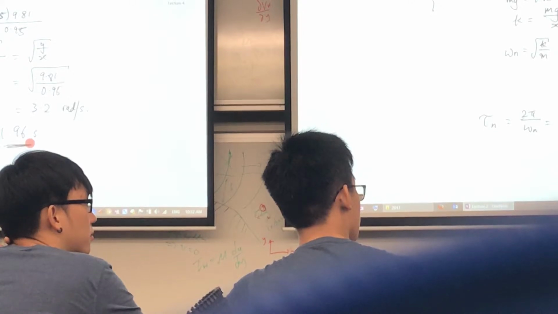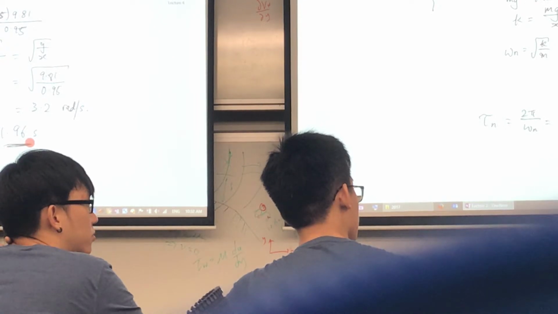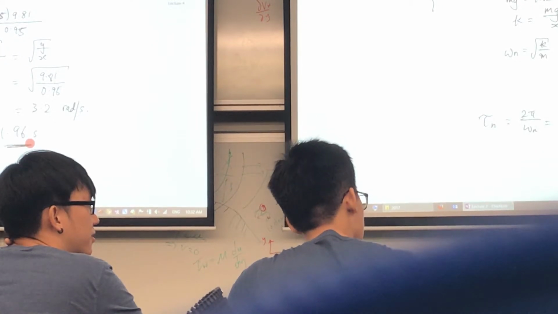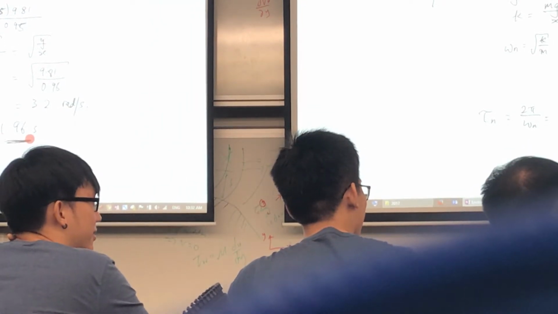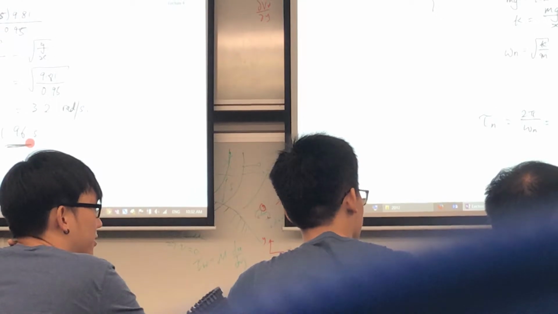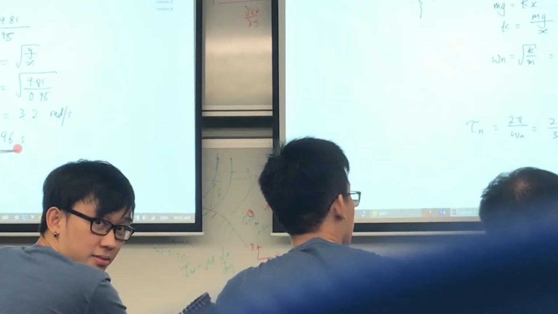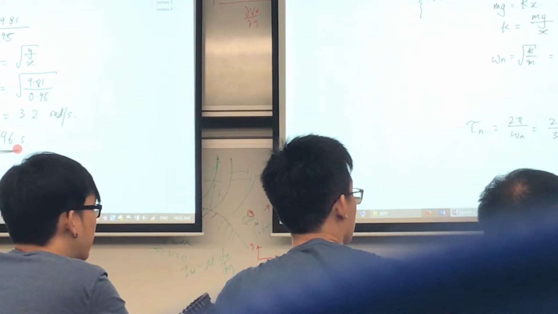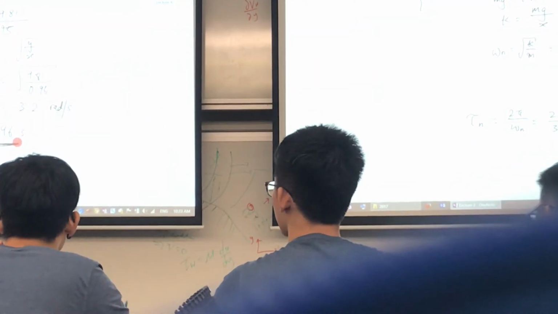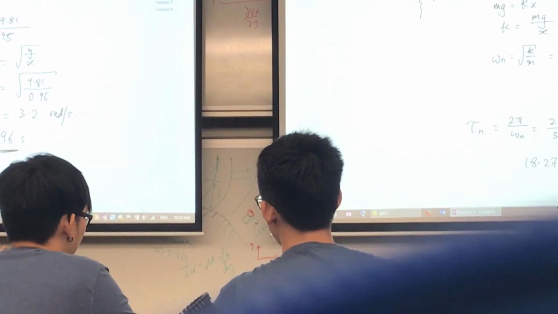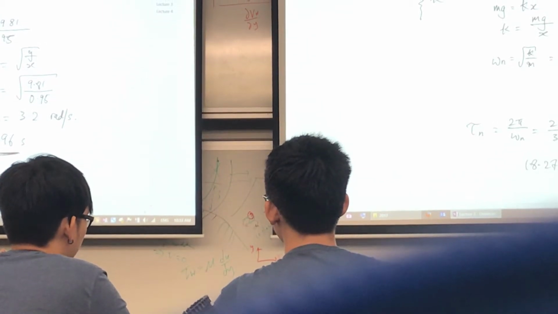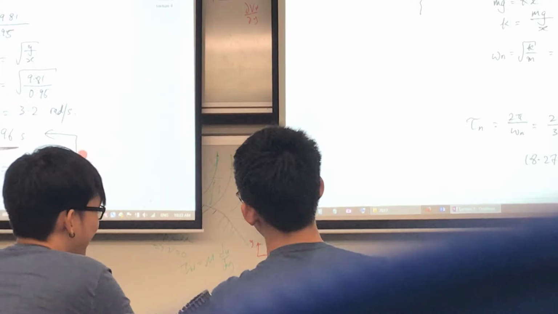So at the count of 3, 2, 1. 3, 2, 1, stop. 3, 4, 5, 6, 7, 8, 9, 10. 18.27 seconds. Divide by 10, I get 1.82 seconds. Close enough.